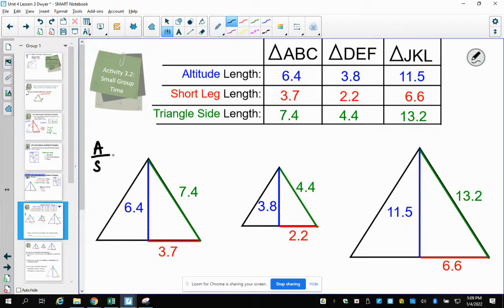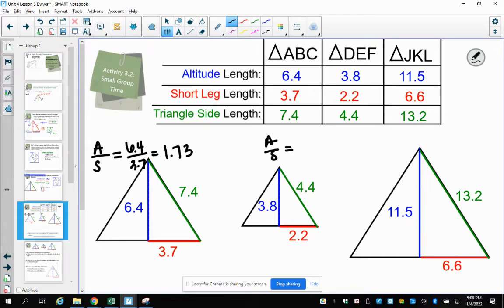Here, that was 6.4 divided by 3.7, and you should have gotten 1.73 or 1.7.